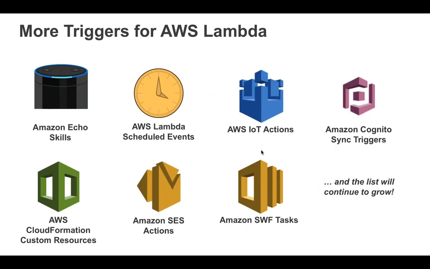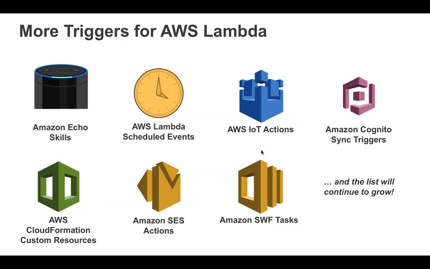So just a few examples of some more triggers for AWS Lambda. AWS IoT actions occurring on our Internet of Things service can cause Lambda functions to be executed. How about also Cognito? When data is synced with the Cognito Sync service from, say, a mobile device to Cognito, that can also cause an event which makes a Lambda function occur.